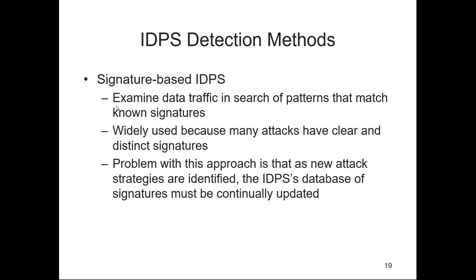The signature-based IDS technology is widely used because many attacks have clear and distinct signatures. The problem with the signature-based approach is that as new attack strategies are identified, the IDS database of signatures must be continually updated.